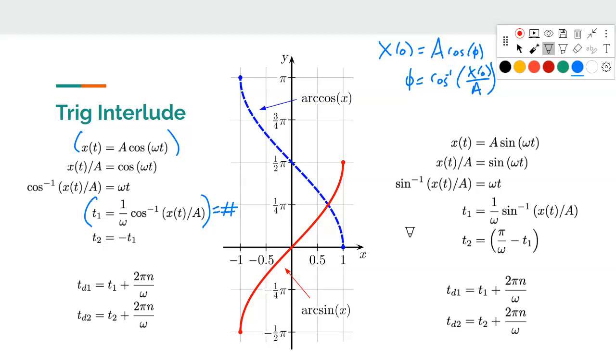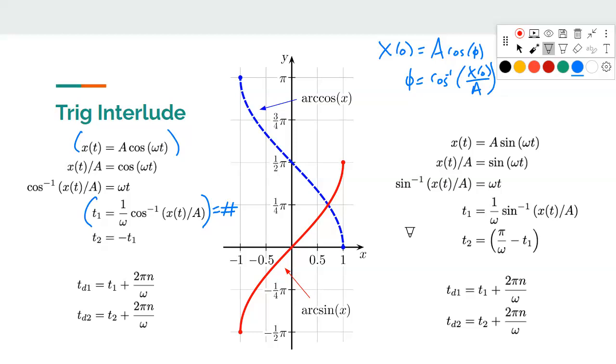So if I give it any ratio, the inverse cosine is going to give me some angle, but it can only output angles between 0 and pi because it's a periodic function. So if it had a larger range, then it wouldn't know which value to tell you. It would be no longer a function. It wouldn't pass the vertical line test.